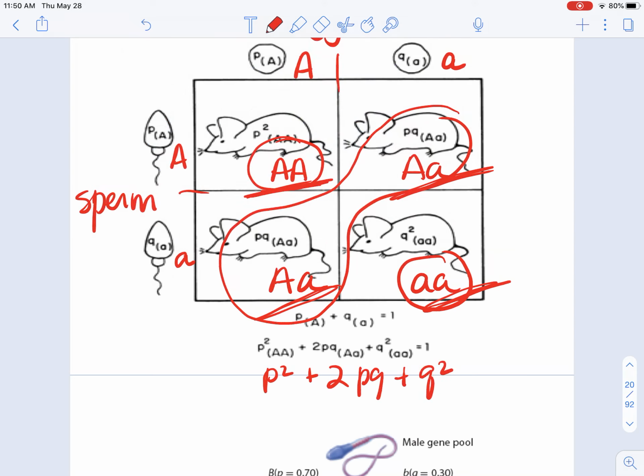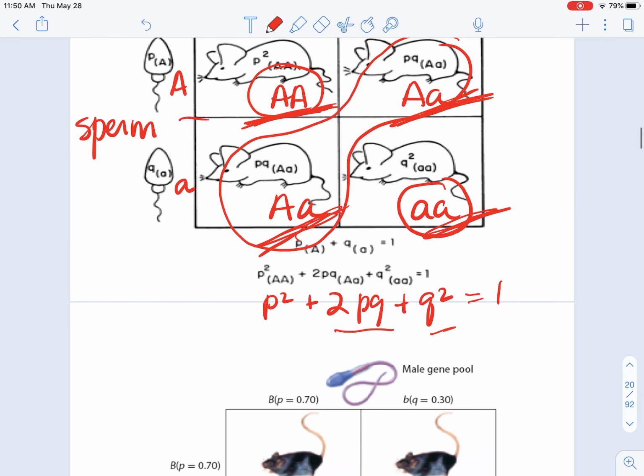And so this is all of the individuals. The homozygous dominant ones are p squared, big A times big A. There are 2 heterozygous ones, and there is the homozygous recessive.